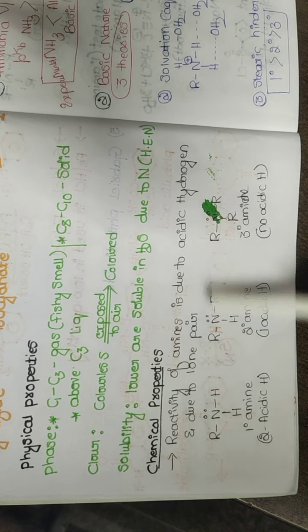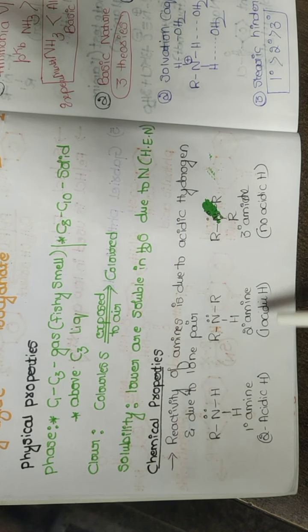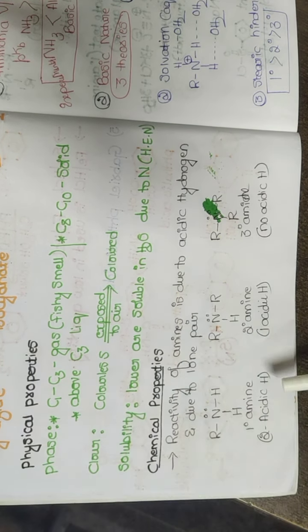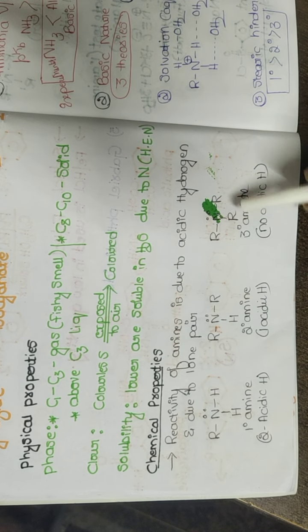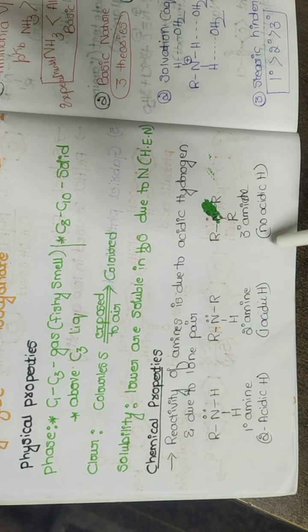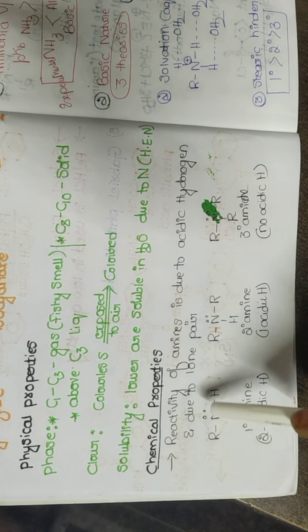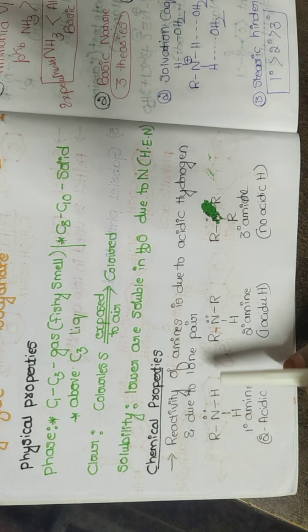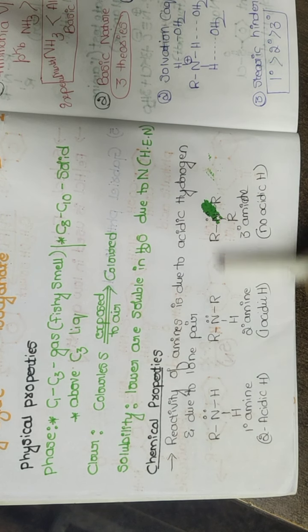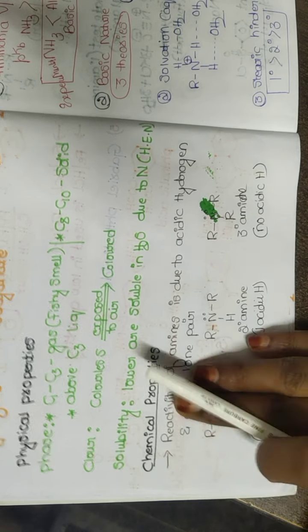The lone pair is common in everyone, but the number of acidic hydrogens keeps on reducing. In a primary amine, I have 2 acidic hydrogens, a secondary amine 1 acidic hydrogen, and a tertiary amine does not have an acidic hydrogen at all. I repeat, the reactivity of amines is due to the presence of acidic hydrogen as well as the lone pair. The lone pair is common in all 3 amines, but they differ in the acidic hydrogen.